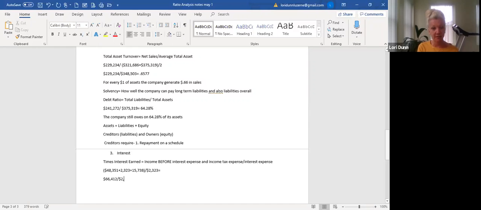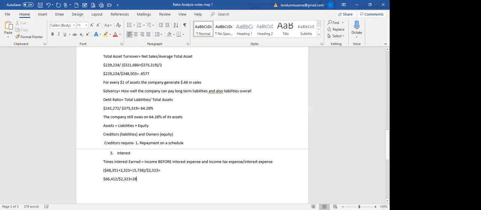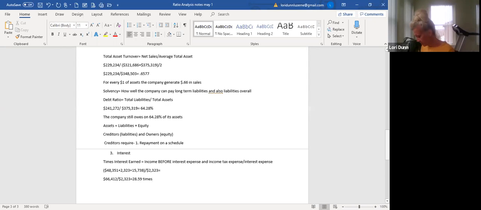Now divide that by the amount of interest expense we are required to pay for the year, $2,323. And we get 28.59 times. Dylan, could you let him out? 28.59 times. That's what they get in the book.